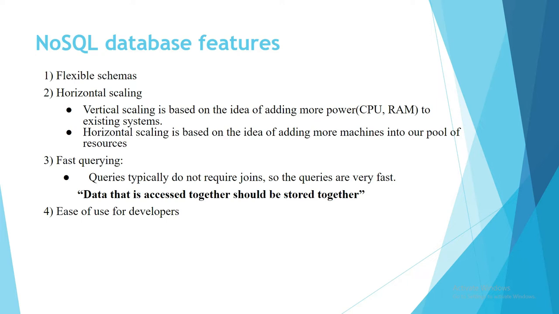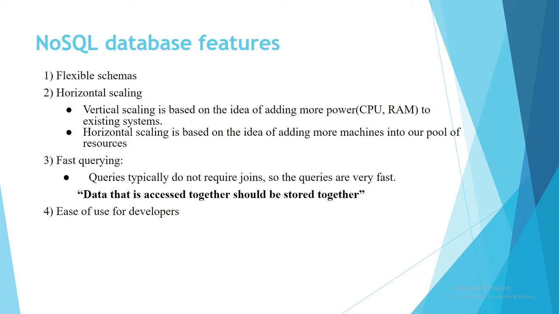One more feature is horizontal scaling. In SQL, we can perform vertical scaling, meaning we are trying to extend capacity. For example, if you have a 2 GB server and that server is completely full, it is not possible to directly extend the server.